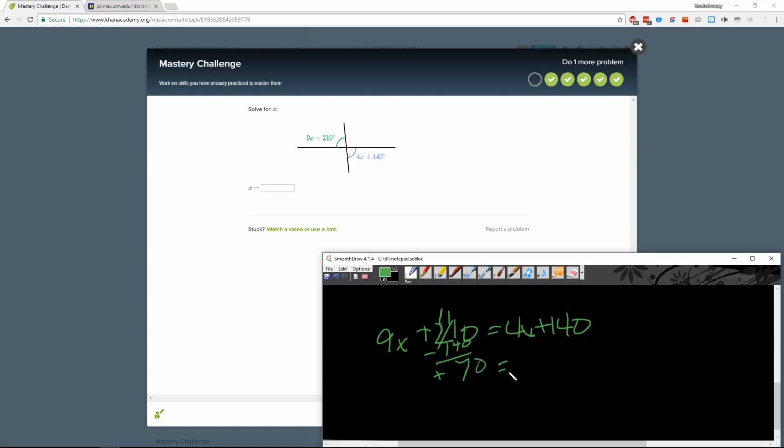Subtract 9x from both sides. Negative 5x. So x equals 70 divided by negative 5, which is negative 14.